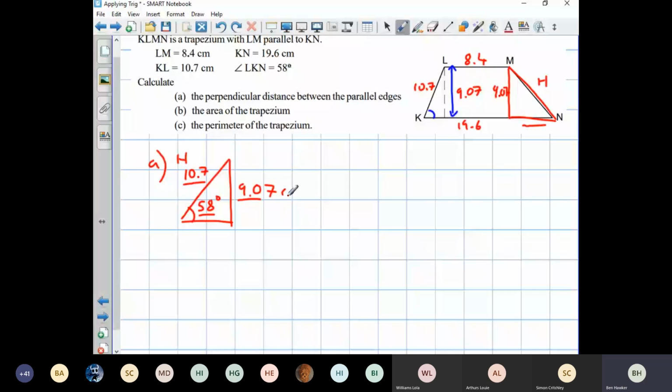So the opposite I don't want, and I want the adjacent. So I've got cosine, and I know that I want to find the adjacent. Therefore, it's cosine of 58 multiplied by 10.7, which gives me an answer of 5.67.